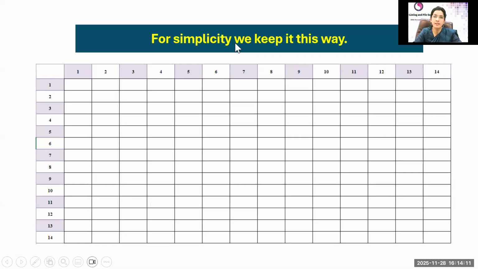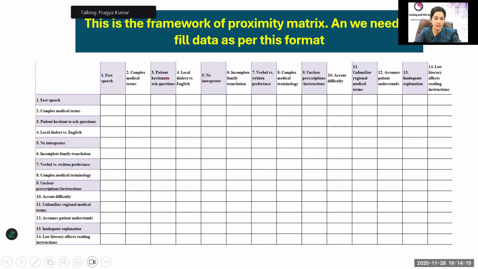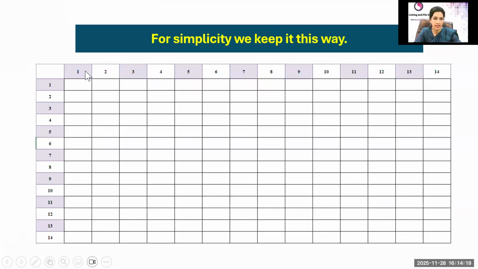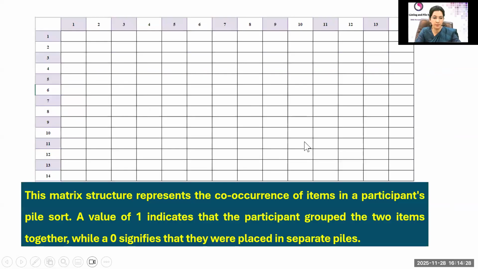Now, for simplicity, instead of those names, we have kept it like this: 1, 2, 3, 4. That means it is the free list items 1, 2, 3, 4, like this. Okay. So for example, this matrix will basically represent the co-occurrence.